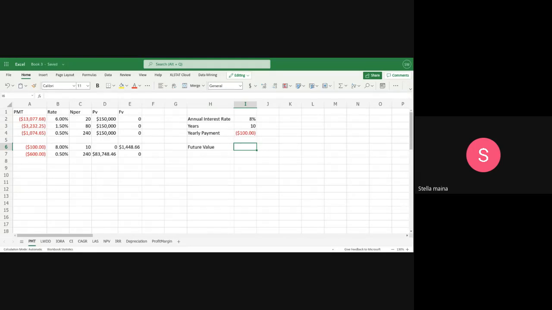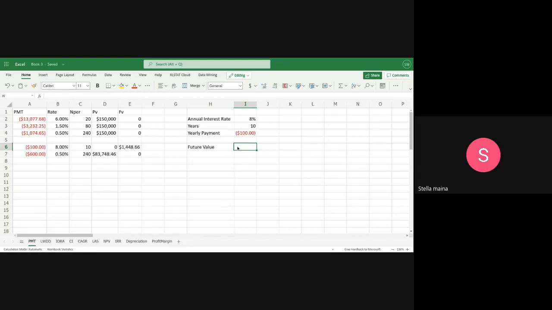So assume that at the end of every year, you deposit $100 in a savings account at an annual interest rate of 8%. How much will your investment be after 10 years? That is what we are trying to calculate.